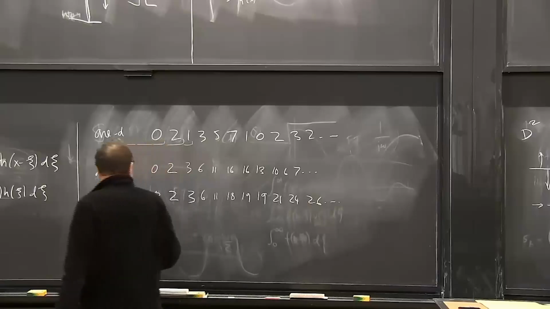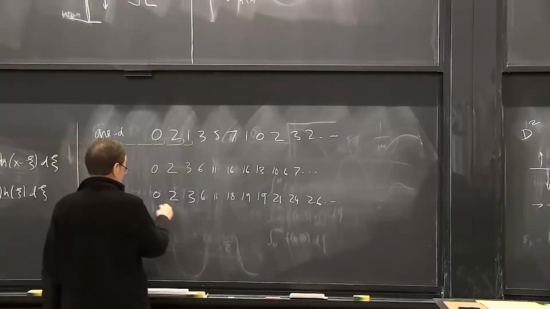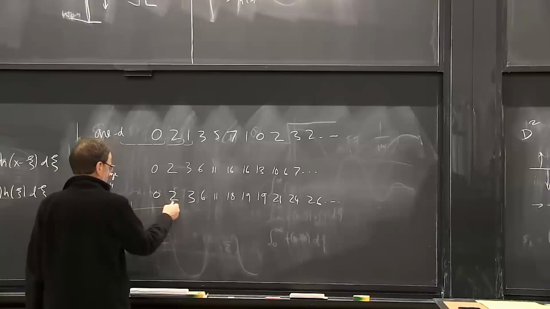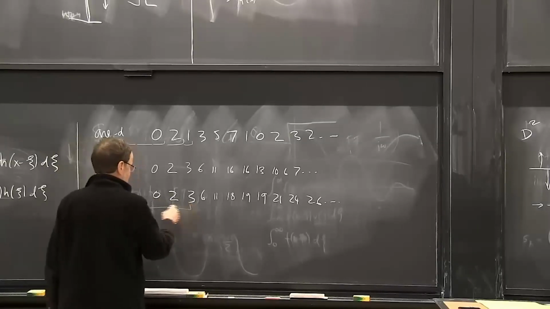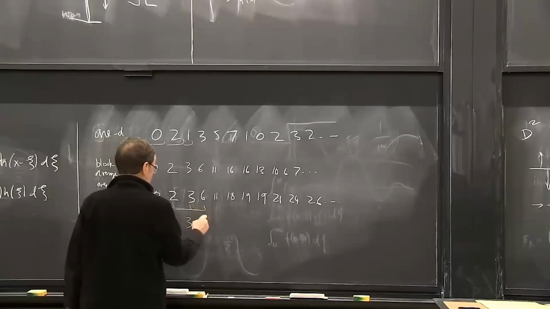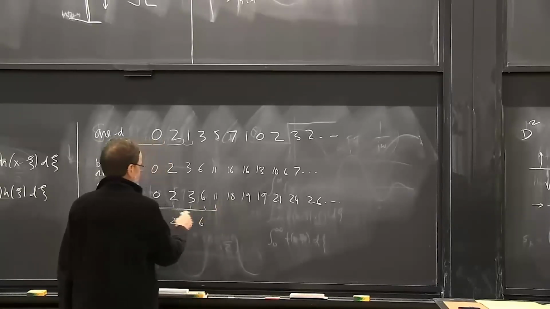And now I subtract, so I'm going to take this value and subtract the value of 4 back, so I get 2. Subtract this value, I get 3. Subtract this value, I get 6, 11.